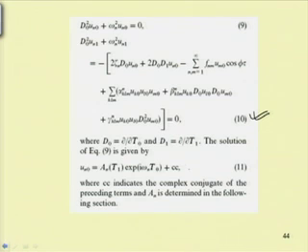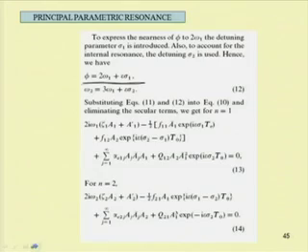So, in case of the internal resonance, we have considered omega_2 nearly equal to 3 omega_1 plus epsilon sigma_2, where sigma_1 and sigma_2 are the detuning parameters to express the nearness of this phi to 2 omega_1 and omega_2 near to this 3 omega_1.